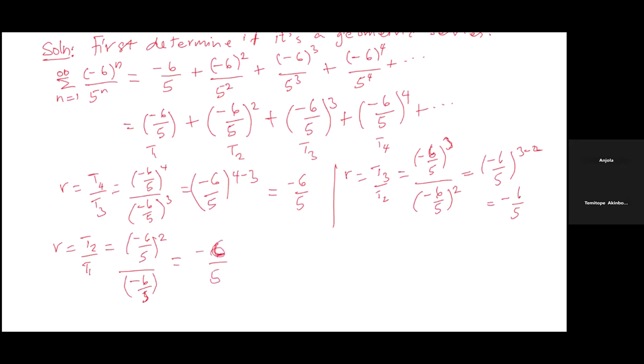So we can conclude that the series is geometric. The series minus 6 raised to power n over 5 raised to power n, running from 1 to infinity, is geometric.